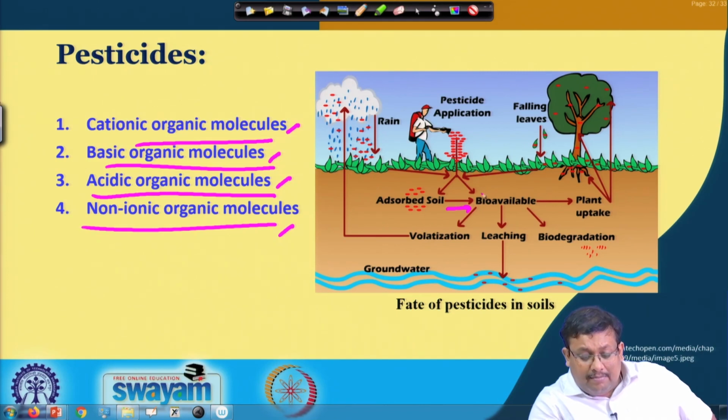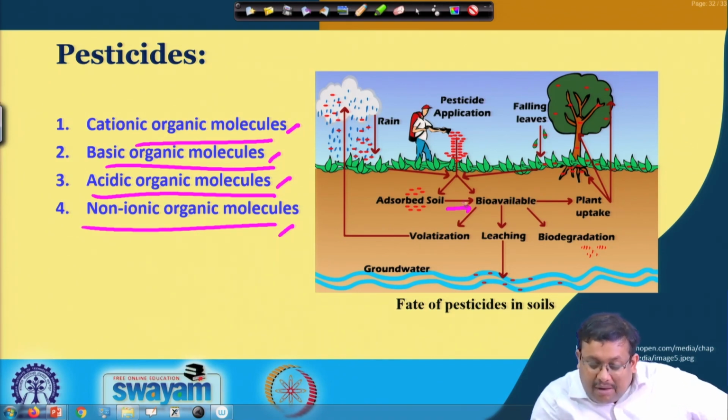From this bioavailable pool plant uptake occurs, and also biodegradation by different microbes, and the pesticide will go to leaching from these bioavailable pools, and ultimately it reaches the groundwater.